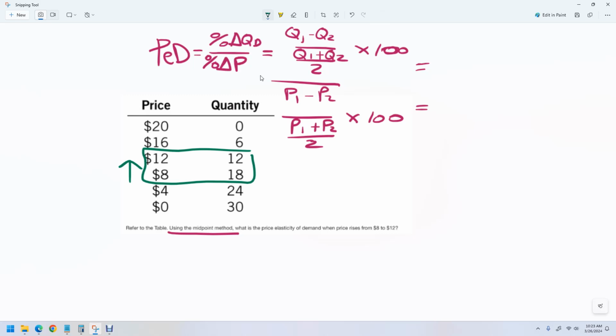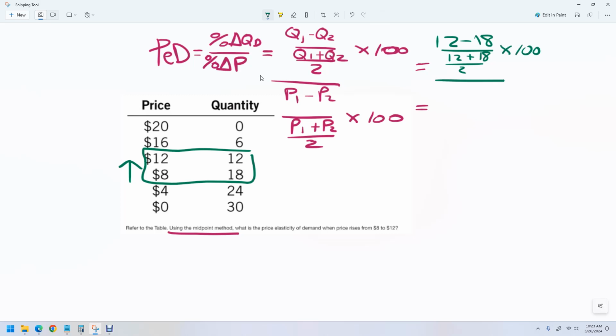So 12 would be the new quantity minus the old. So it's new minus old over old. Okay, now 12 plus, so we can do this in our head. 12 plus, I guess I should write it all out. 12 plus 18 over 2, but I can do that in my head. That's 15. Okay, and then times 100 because that's a percent.